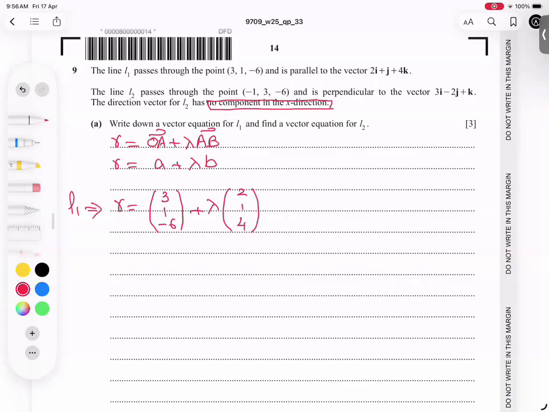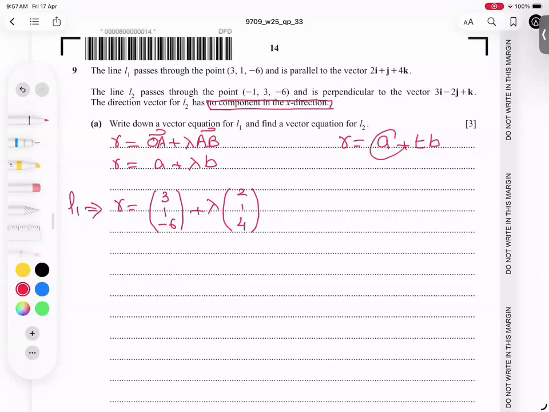Now let's talk about line L2. For L2, he said, no component in x direction. So again, I'll go for the second line L2. r is equal to A plus lambda, but lambda is already used, so I can use any other letter. I use t. t times 2B.